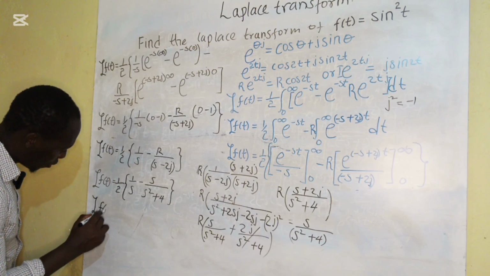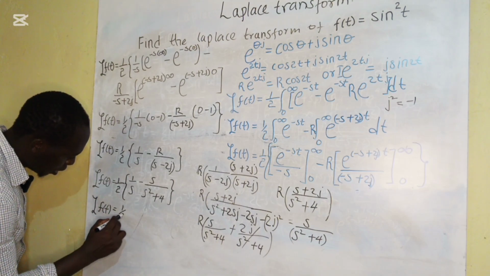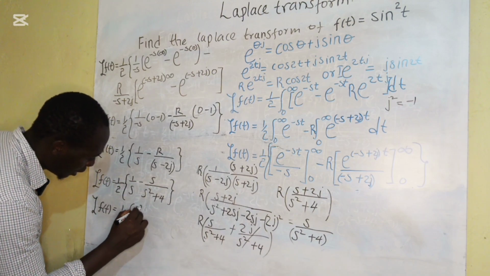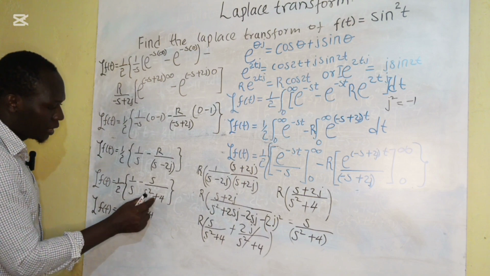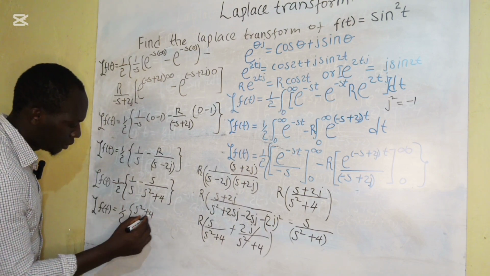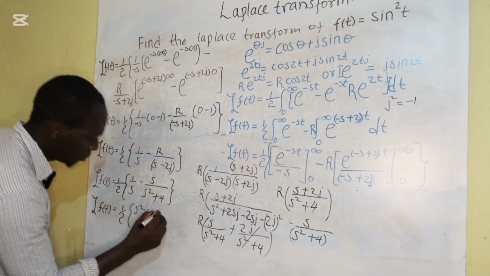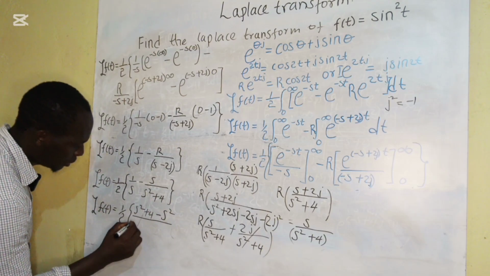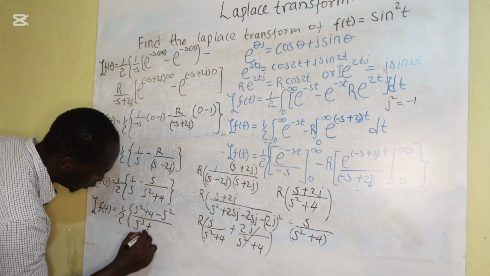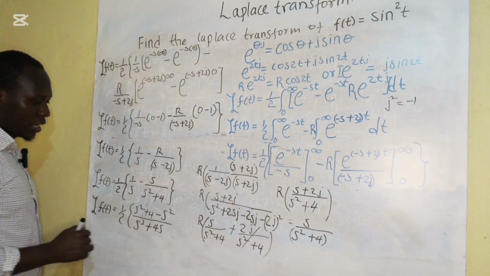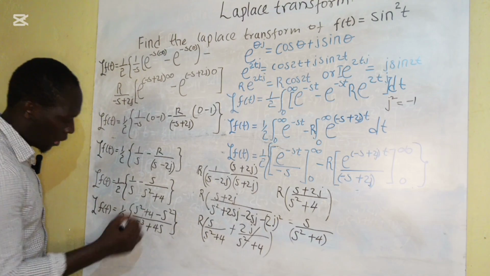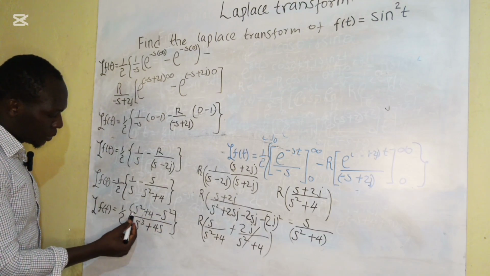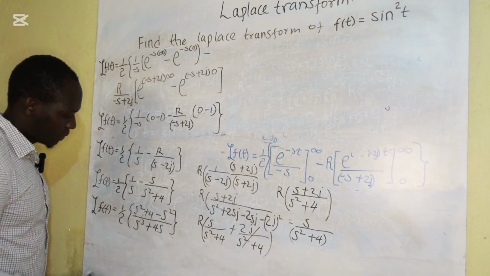The Laplace transform of our function f of t is going to be equal to a half into, here we are going to have s squared, we add 4. When we take whatever we are having here, we multiply by that. We subtract s squared, and everything is going to be all over this one multiplied by this. We are going to have s cubed, we add 4s. These two are going to cancel out because this one is a positive of s squared, this one is a negative of s squared.